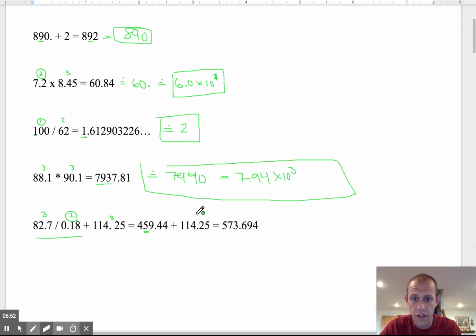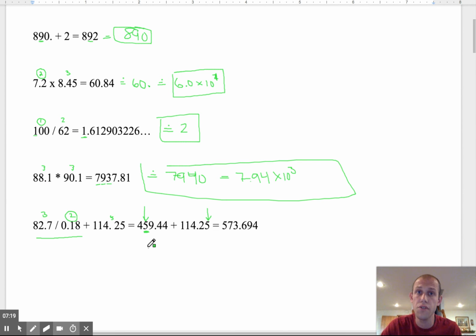So over here, when I go to addition and subtraction, this is an addition problem, I take the least precise place value. So here's a place value of hundredths. Here's a place value of tens. So just because it goes to this number, I look at its place value as if I did the sig figs already.